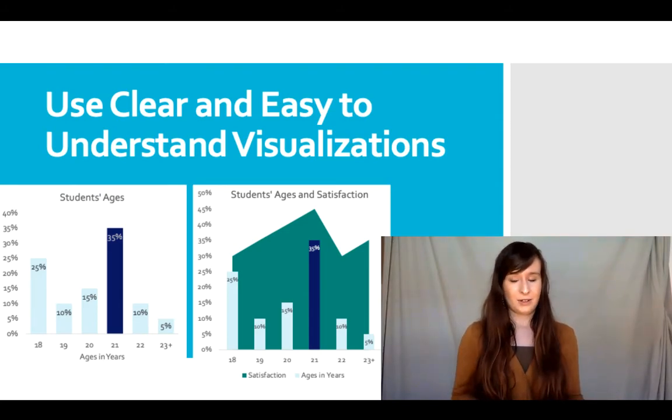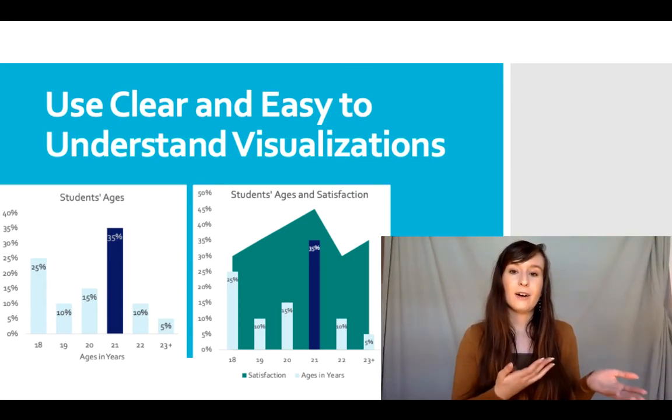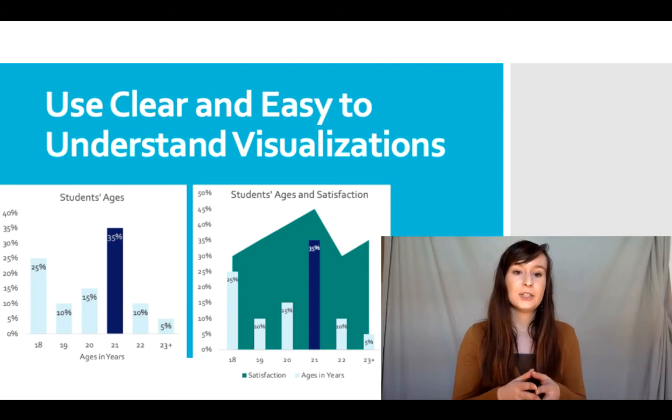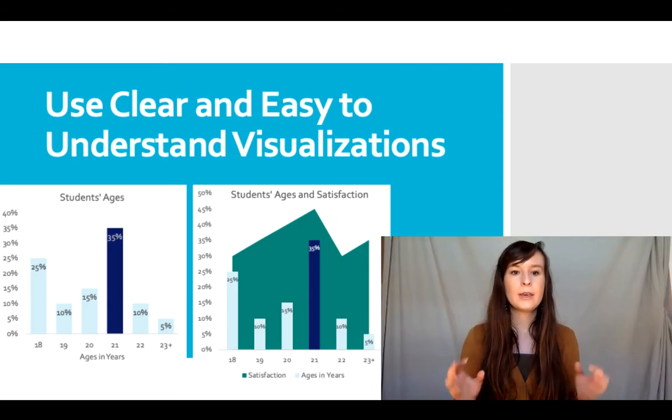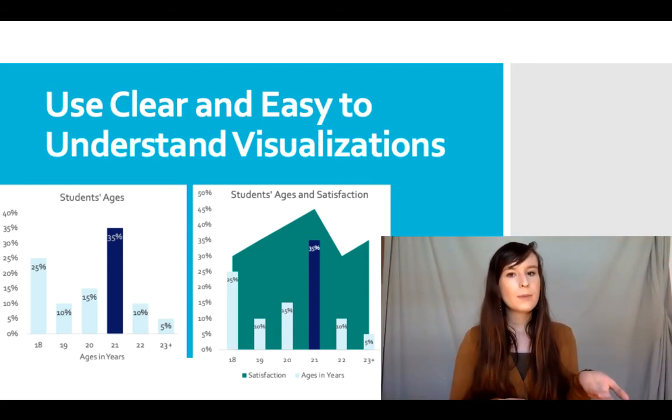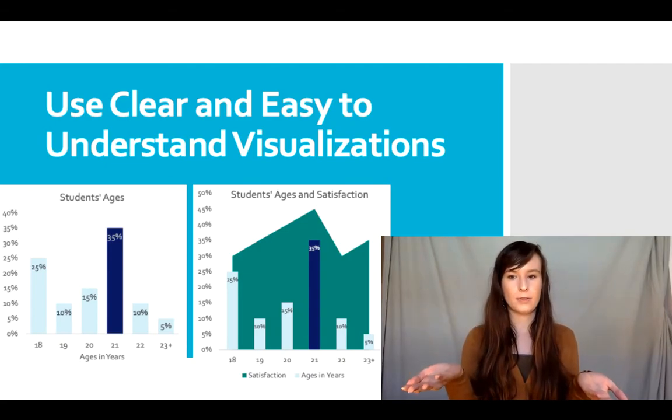It's just a lot to comprehend compared to that first chart on the left, which is a little bit more clean. We only have one real main takeaway of information, students' ages, and the first impression of the visualization on the left is probably going to be more positive than the one on the right.